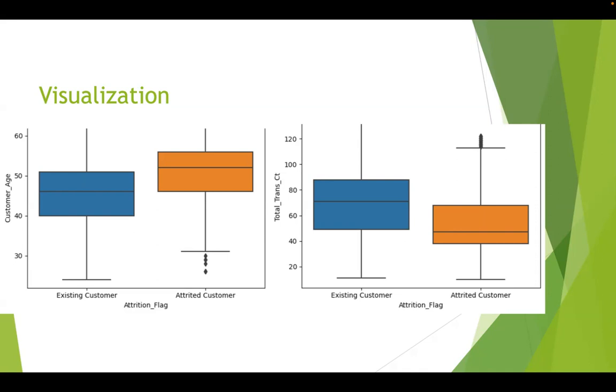So the range of the transaction count is around 129, while the range of the transaction count for attrited customers is 84. This means that the existing customers have more variation in their transaction frequency than the attrited customers, and we can also see that they have more outliers than attrited customers.